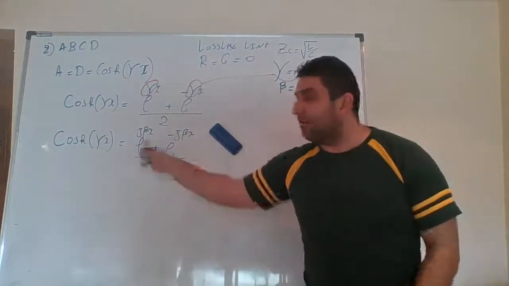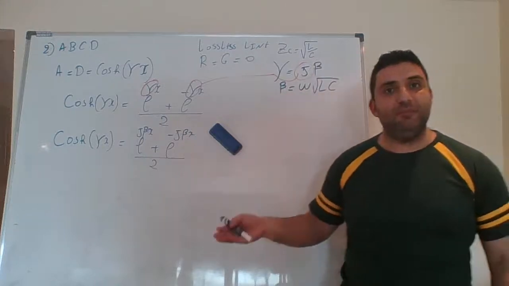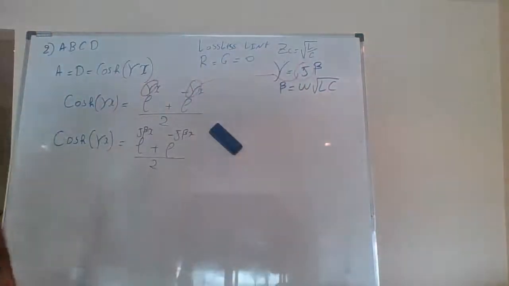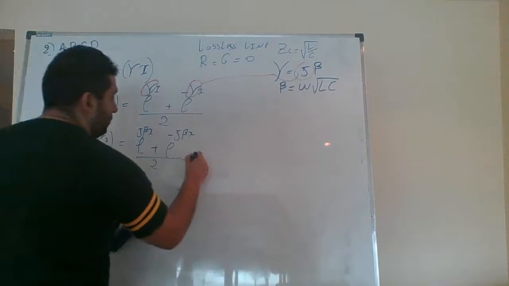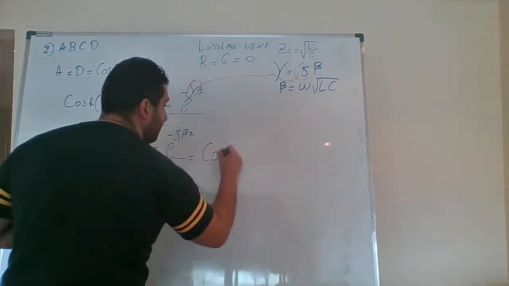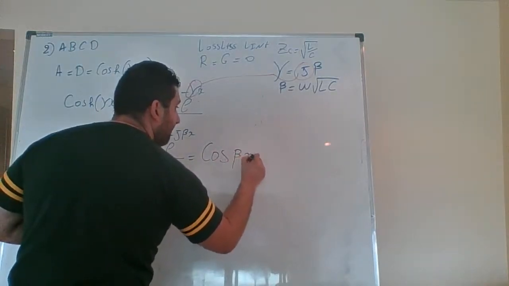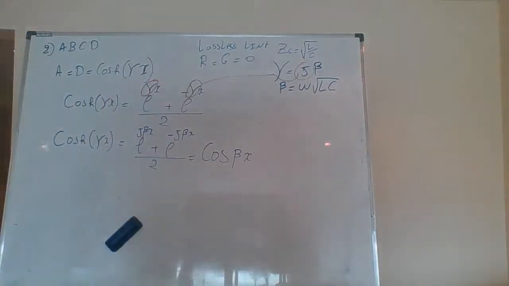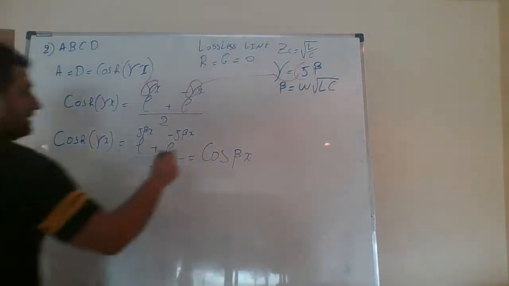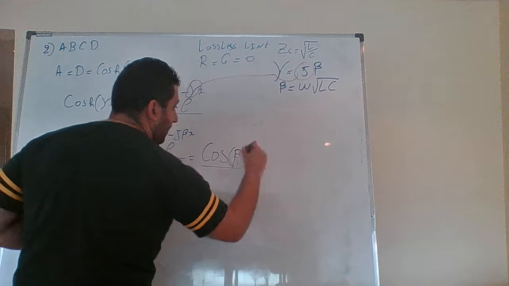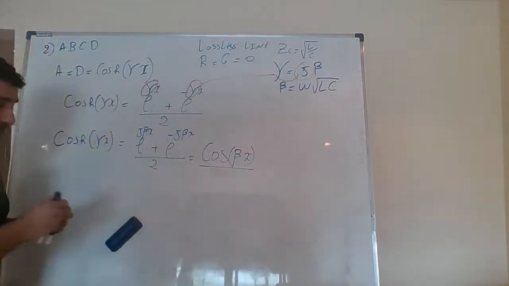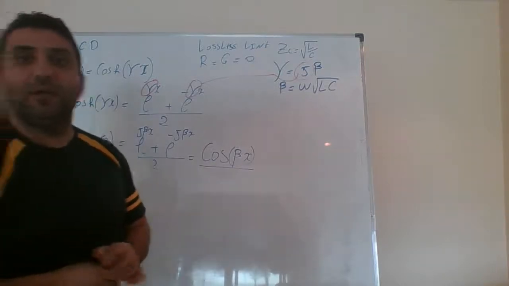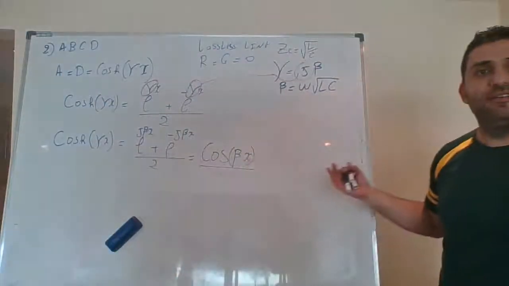So if I spread it down into cosine A plus J sine B, I will end up with this equal to cosine beta x. So can you see now, this is my A and D for a lossless line, it's cosine beta x. Can you see the simplification?